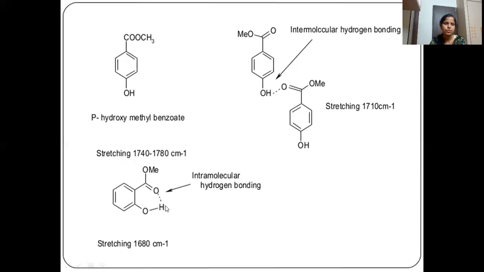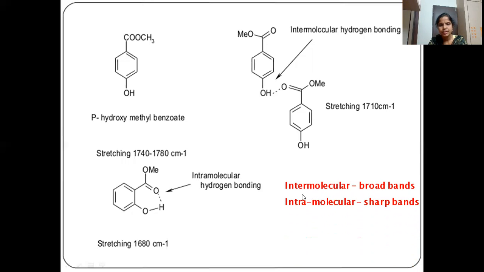You can see the hydrogen bonding is formed within the molecule there. In such cases, there is one more difference: intermolecular hydrogen bonding will show broad bands, whereas intramolecular will show sharp bands. Because of intermolecular hydrogen bonding, the band will be a little bit broad, whereas for intra it is sharp.